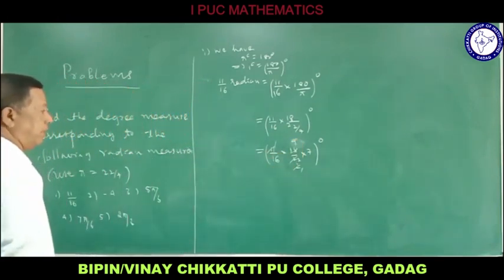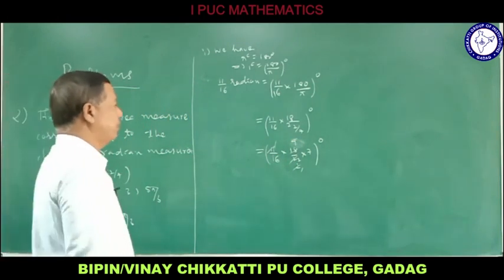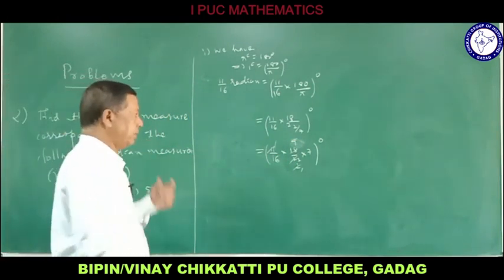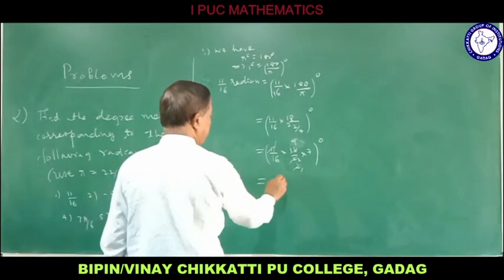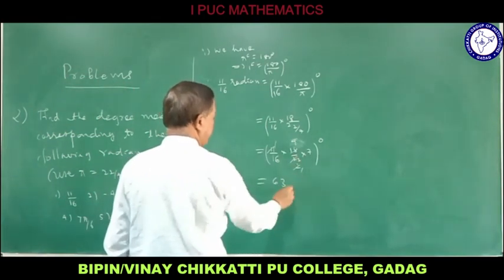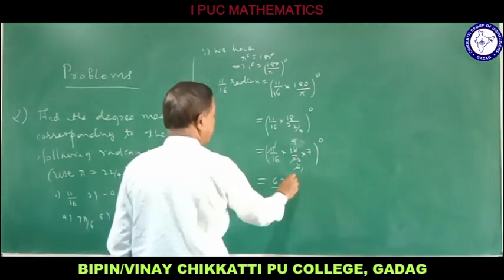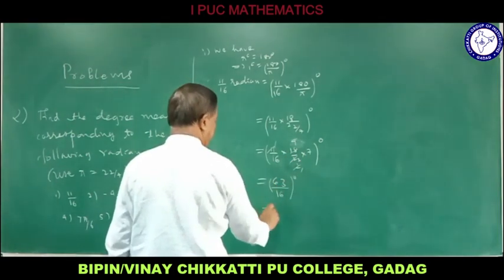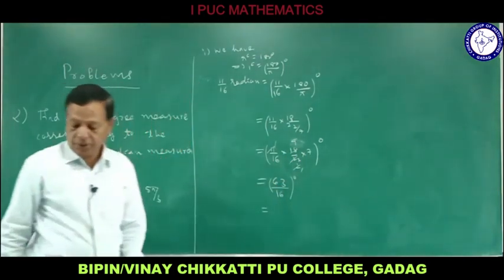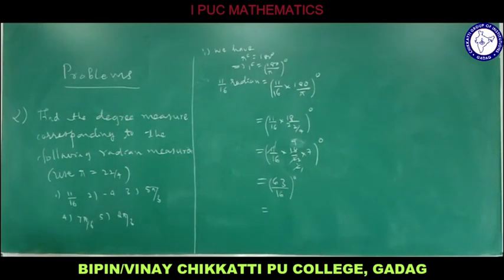It cannot be divided by any other number. 9 sevens are 63, divided by 16 degrees. You have got 63 by 16.